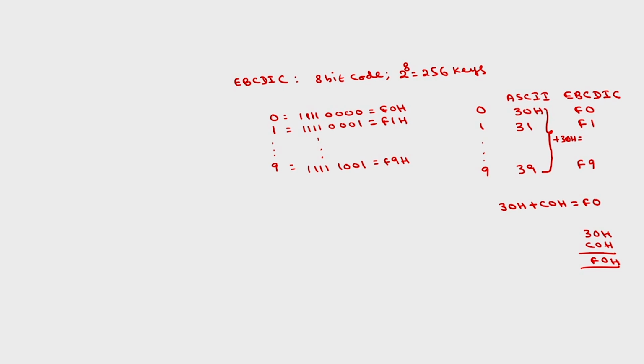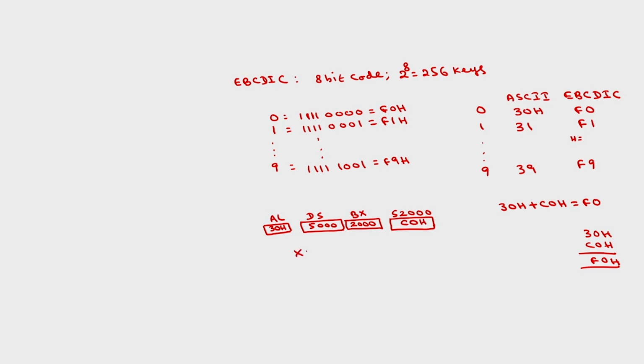So in XLAT, how can this conversion be performed? I will take in AL first the code corresponding to ASCII, which is 30H. Say DS is equal to 5000, BX is equal to 2000, and in 52000 I will store the value which is to be added to get EBCDIC from ASCII. What is that value? It is C0H.